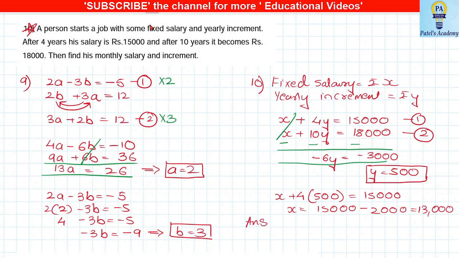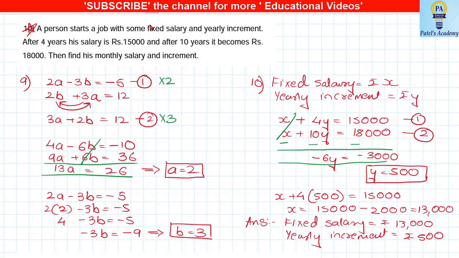So my final answer is fixed salary is rupees 13,000 and yearly increment is rupees 500. Okay, so monthly salary, fixed salary is 13,000 and increment is 500 rupees.